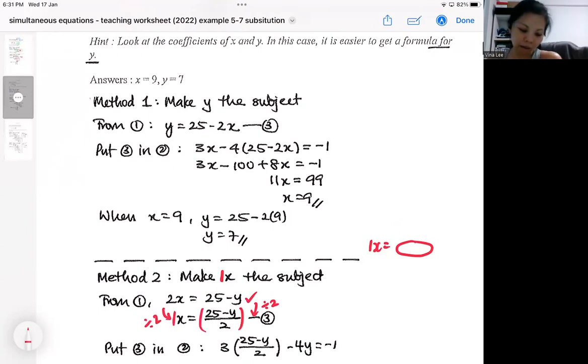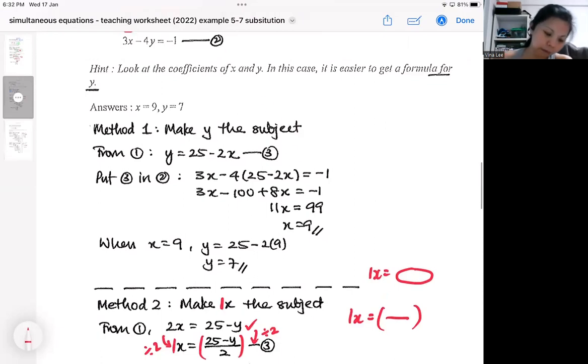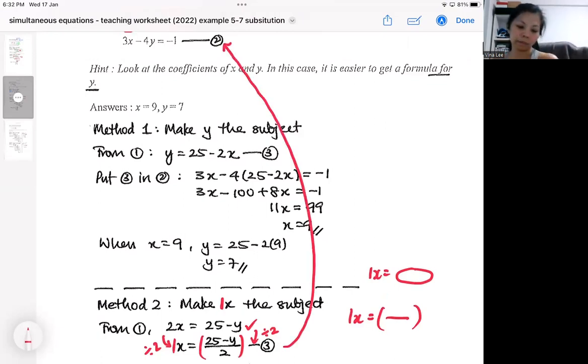So 1x is actually a fraction. So if 1x comes from equation 1, then don't put it back into equation 1. Okay? So remember, you should always put it back into the other one that has not been used.